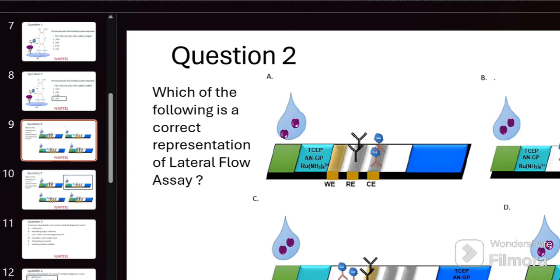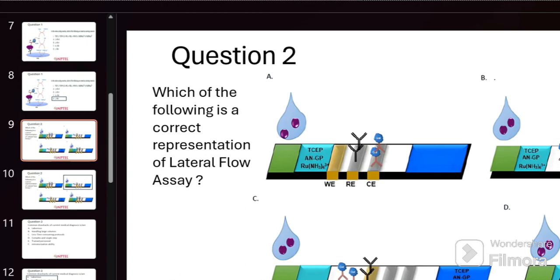So in this lateral flow assay, we have the sample pad, then we have the primary labeling part where the labeling is occurring.